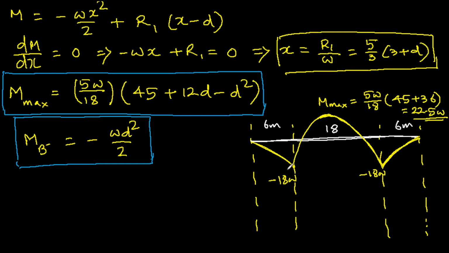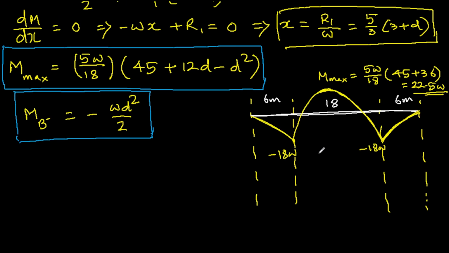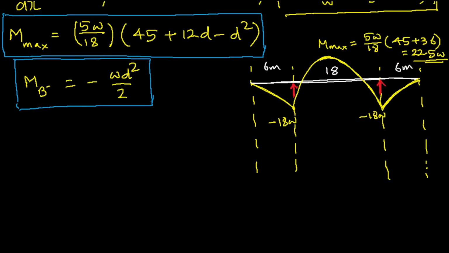So now if I shift it a bit, say the beam I shift to the left, or I say that the supports I shift to the right, then what happens? Now this will come down. So let me draw it again, another picture. So now I have shifted here like this.